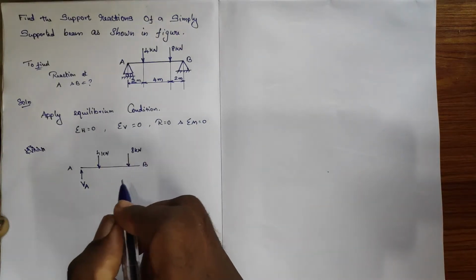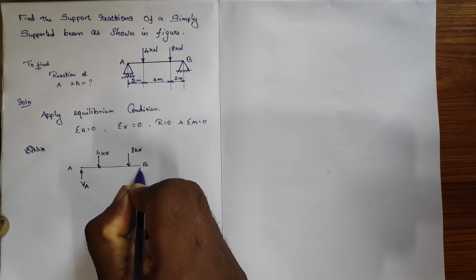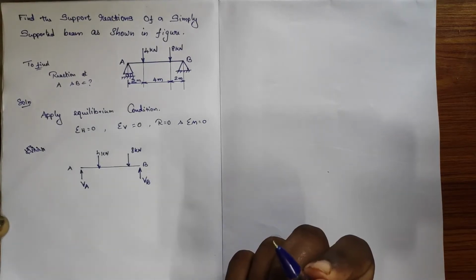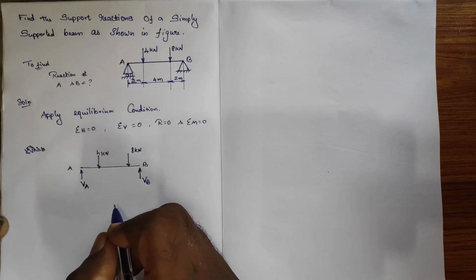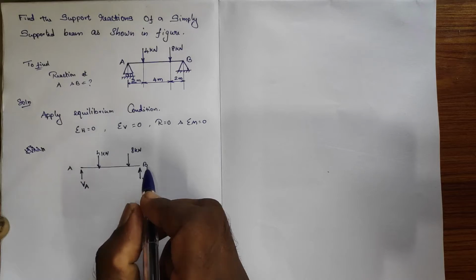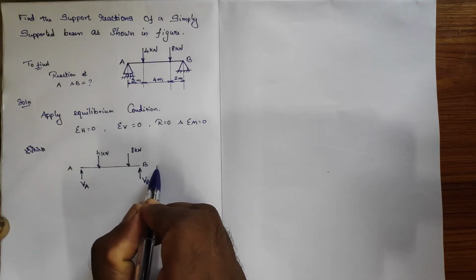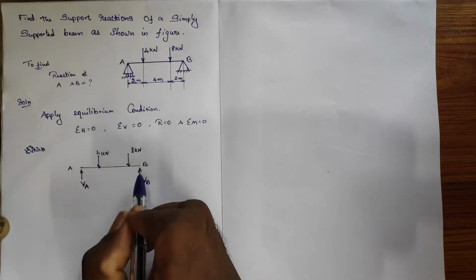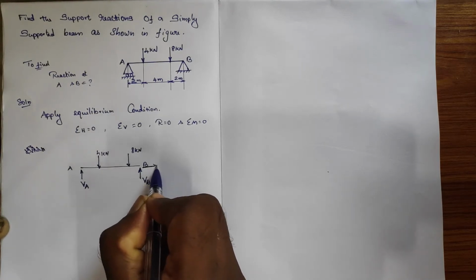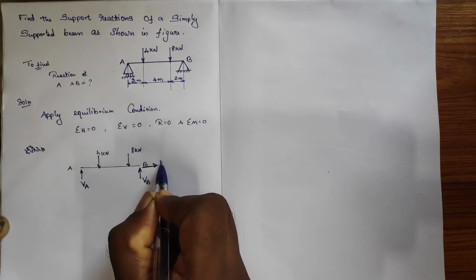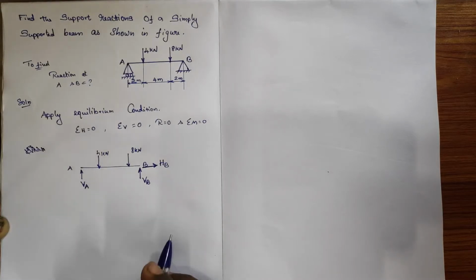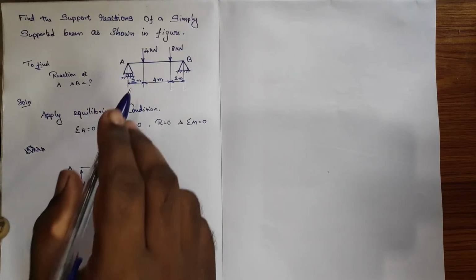So here we have a vertical reaction force at B and a horizontal reaction force. Always take the horizontal reaction force towards the right side; always assume the positive value. So I take the horizontal force at B towards the right. These are the forces acting on the beam.